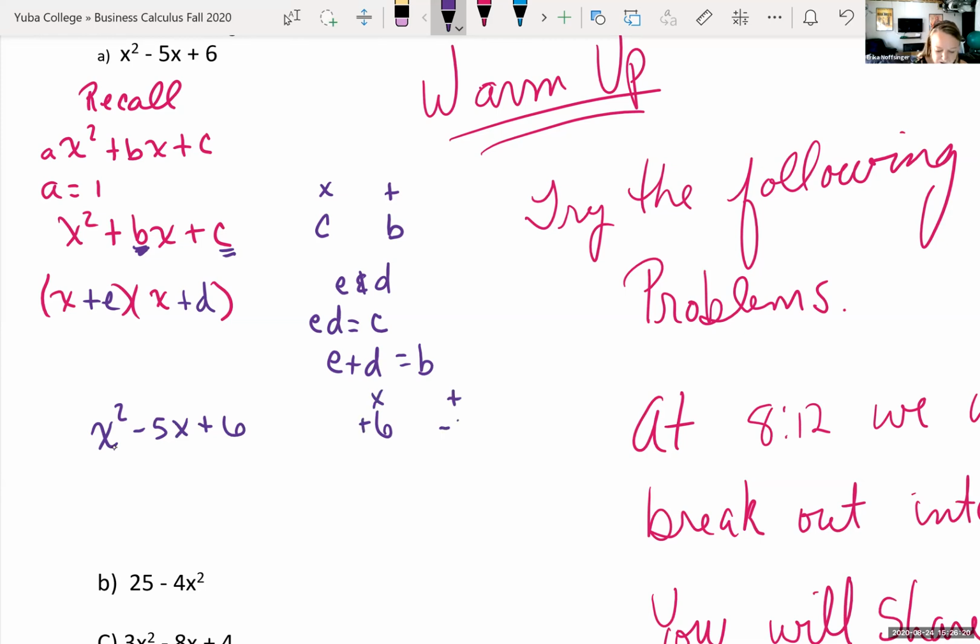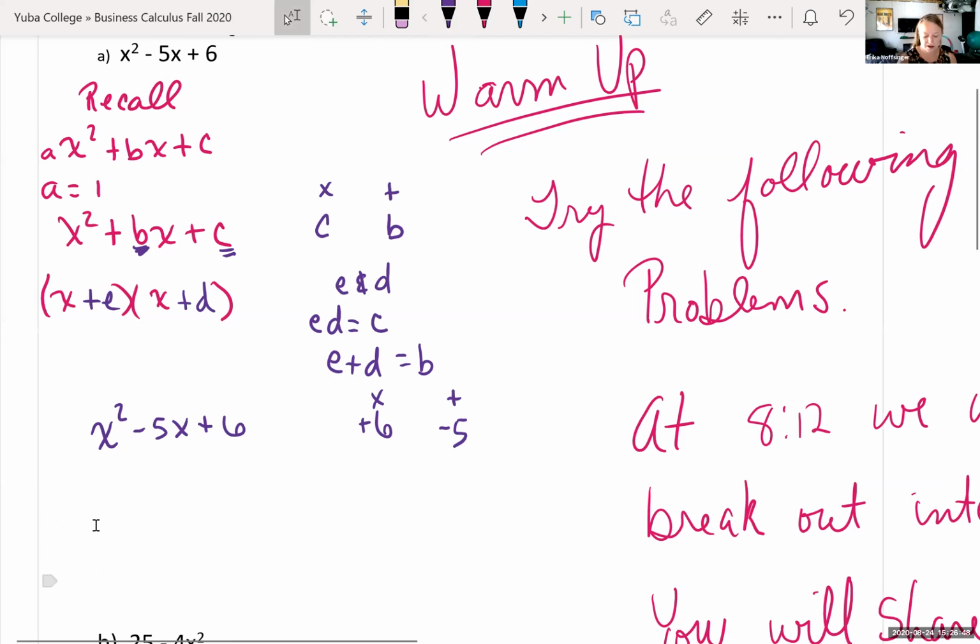I know some of you might make an x here, put your numbers here, and decide. I do kind of the same thing, I just write it a little differently. Two numbers that multiply to give you a positive and add to give you a negative. Well, remember, multiplying 2 negatives gives us a positive. And I know I'm summing and getting a negative, so both of my numbers have to be negative.